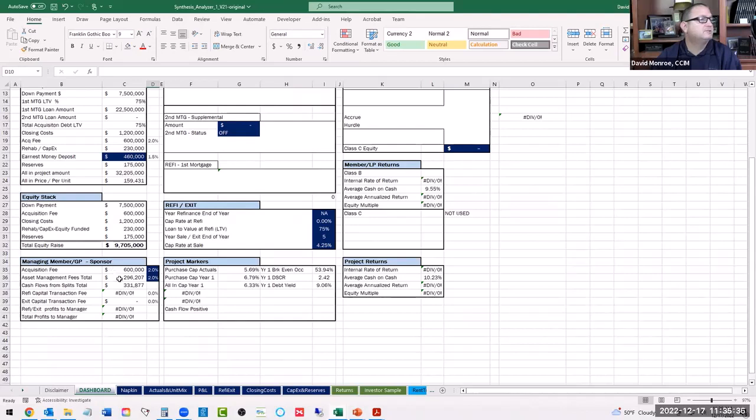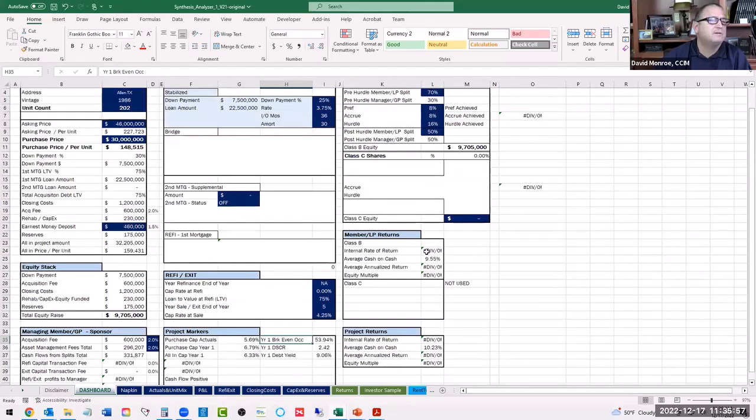You got acquisition fee. Purchase 5.7 now. Cap rate. All in year one. Break even is, we should have an internal rate of return on these, and for some reason it's not showing up.